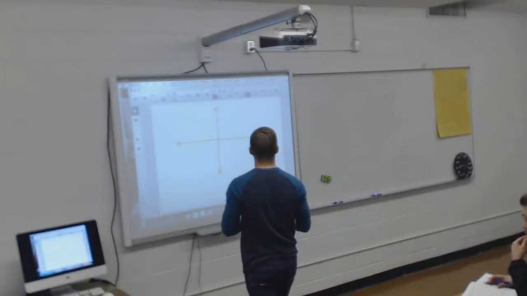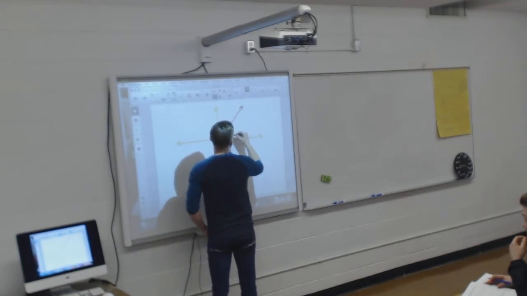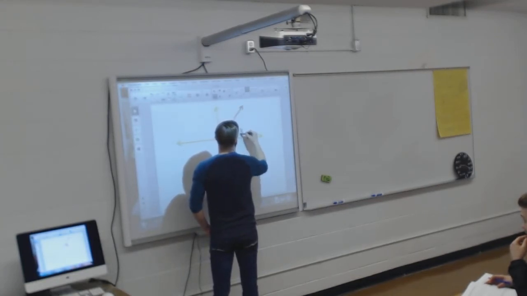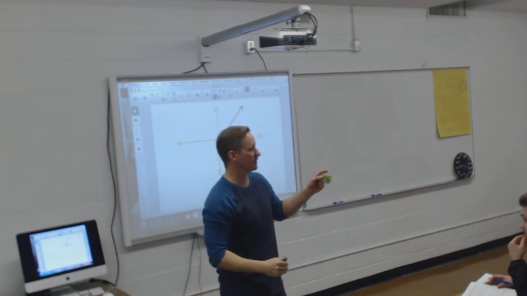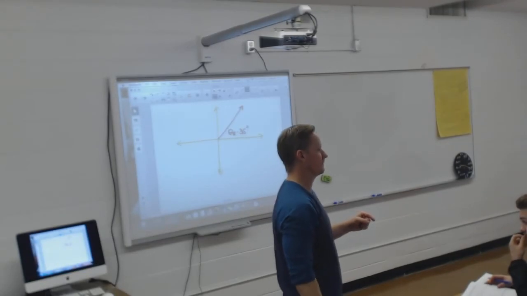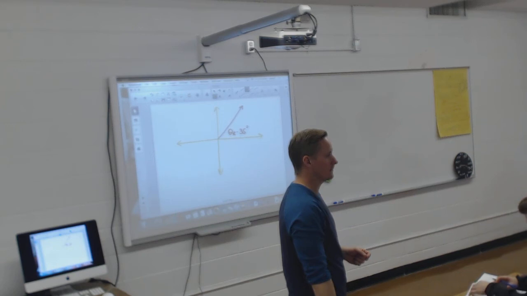So in quadrant 1, what's the angle that has a reference angle of 35 degrees? 35 degrees. Right?